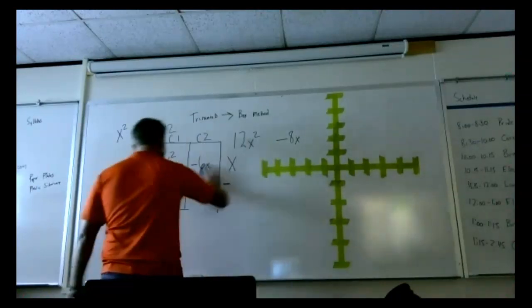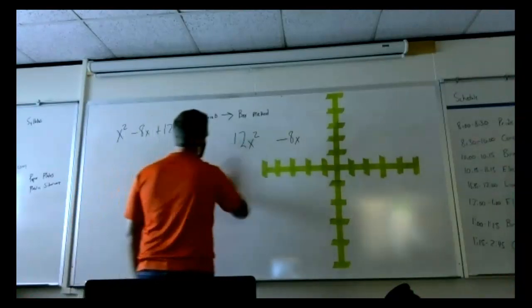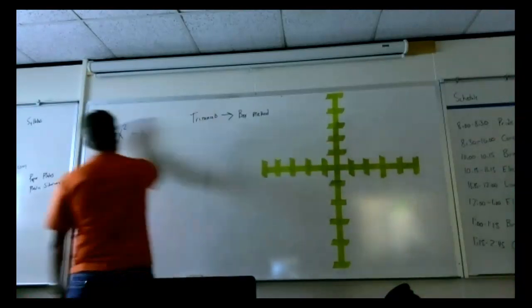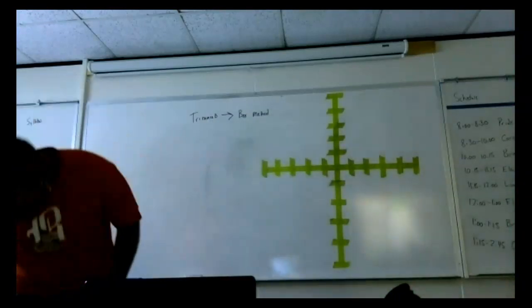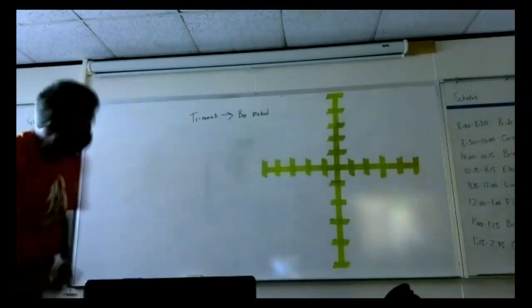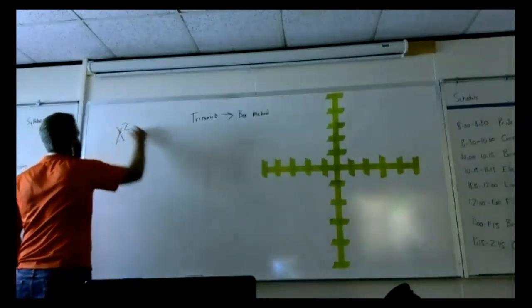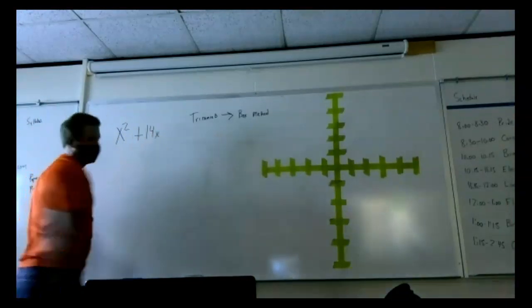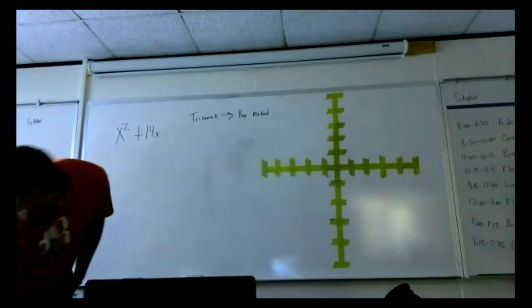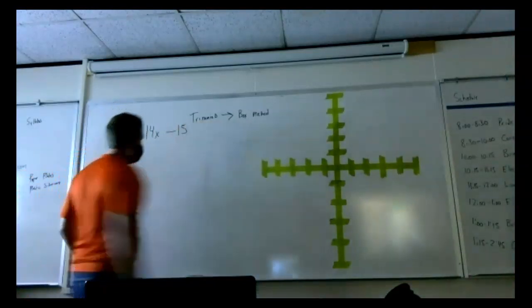On to example 2, letter C. And we're going to beat the box method into submission before we confuse you with special projects. Okay, so we have x squared plus 14x minus 15.